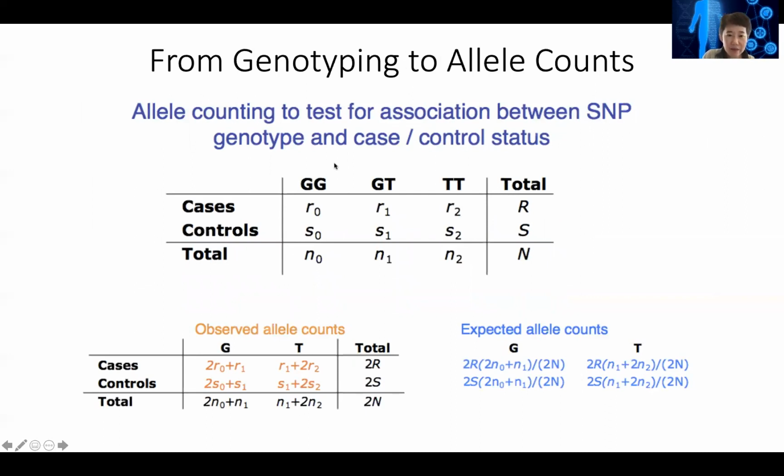Because if you have a GG, there are two Gs in this patient, but only one G in this heterozygous case. So in the cases, we actually see two Gs, the R0 times 2, and the R1 is just 1, right? And then you also ask in the controls, how many cases do we see as GG?